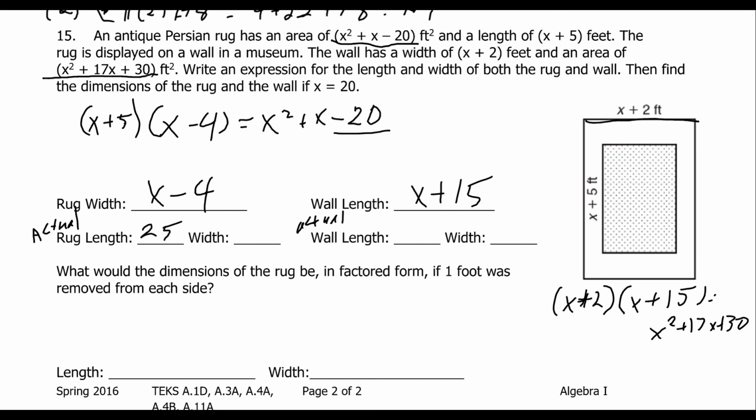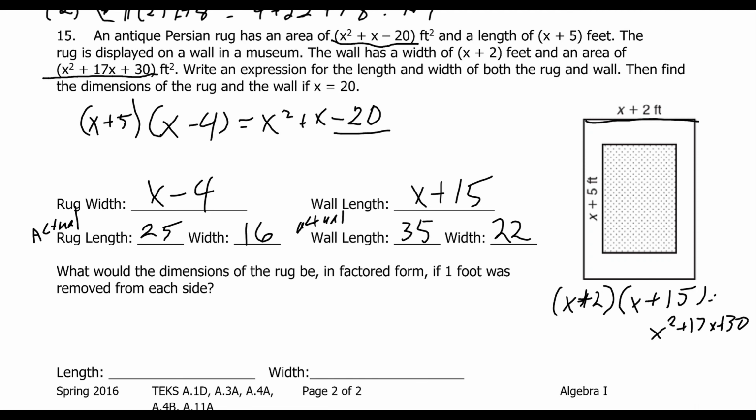The rug width is going to be 20 minus 4, which is 16. All right, now our wall length was x plus 15, so that's 20 plus 15, so that's 35. And then the width was x plus 2, so that means we're going to do 20 plus 2, so that's 22.